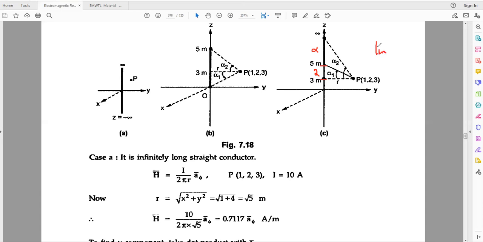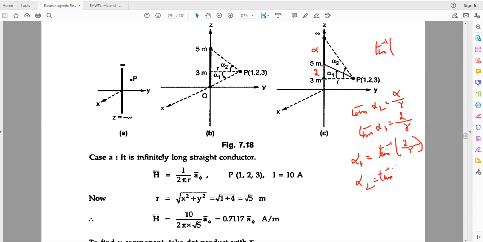So tan alpha 2 is equal to adjacent side infinite by R, and tan alpha 1 is equal to 2 by R. Then alpha 1 is equal to tan inverse 2 by R, and alpha 2 is equal to tan inverse infinite by R.